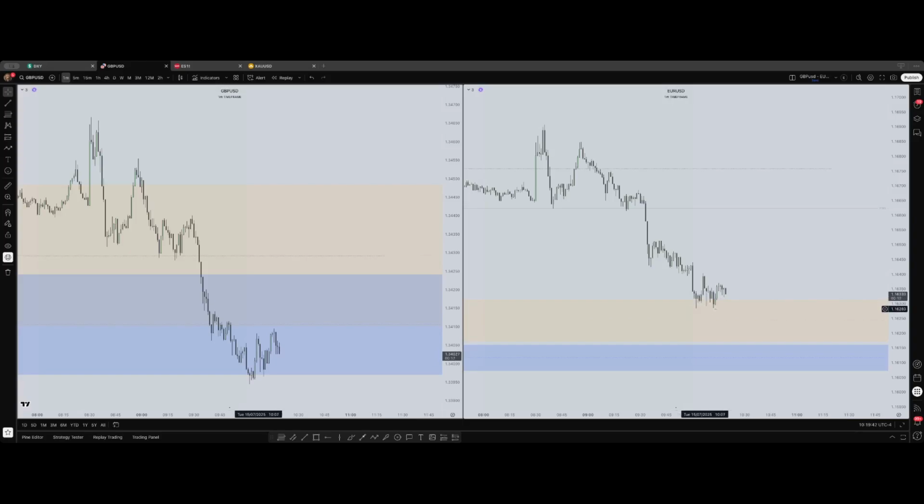Did you see these two equal lows? Price will, with high probability, take them. Do you see these two? You will see how price will smash this level.